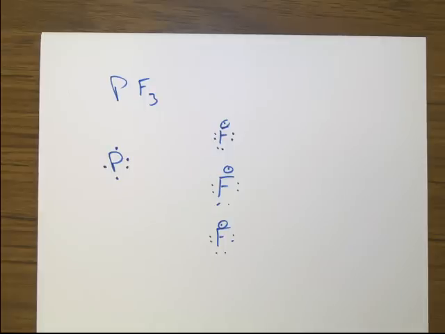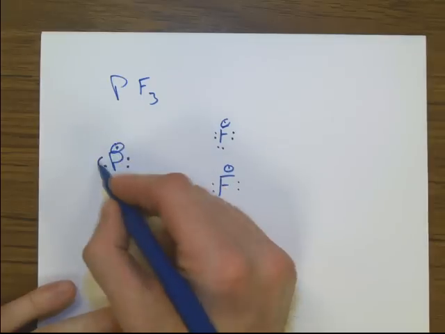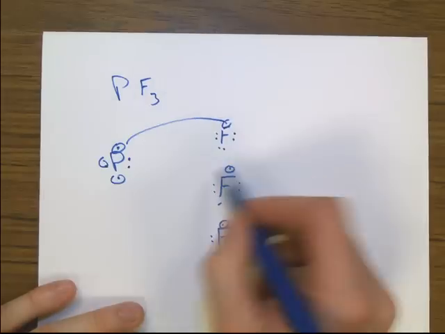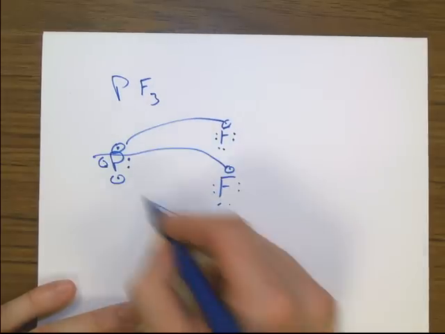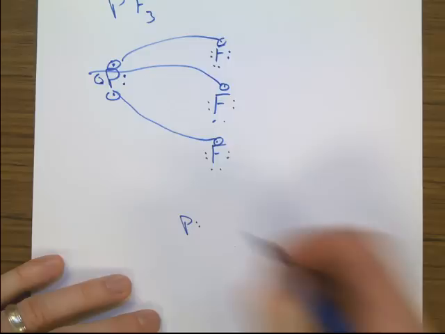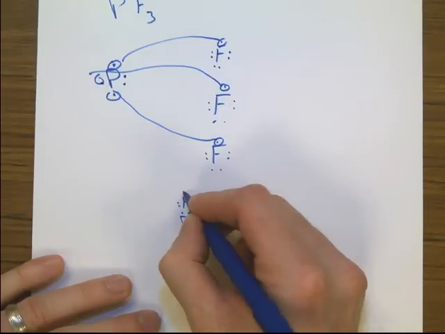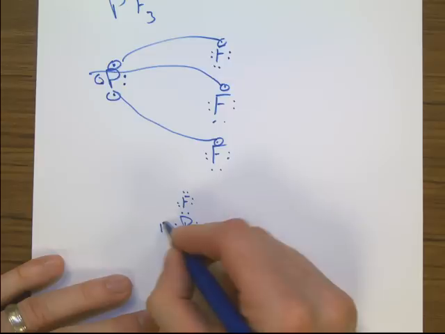Alright, so the center atom for any molecule that you ever make is going to have the lowest electronegativity and also typically the most unpaired valence electrons. So each of these are going to be paired up by the fluorines, and you're going to end up with a Lewis dot structure looking like this, with phosphorus with its unbonded pair, and then the fluorines surrounding phosphorus.